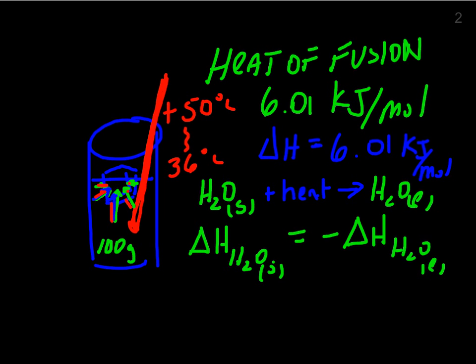So now I can say the heat that was given up by the liquid is going to be equal to the mass of the water that gave it up, 100 grams, times the change in temperature. The temperature final was 36. The initial was 50 degrees.